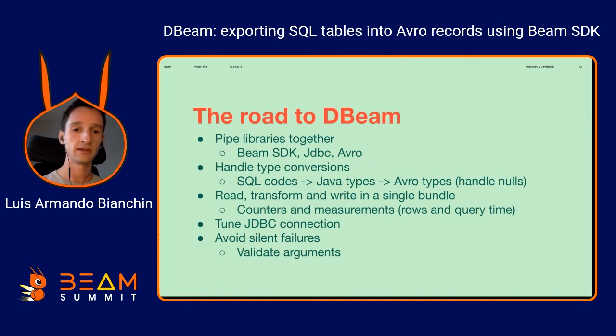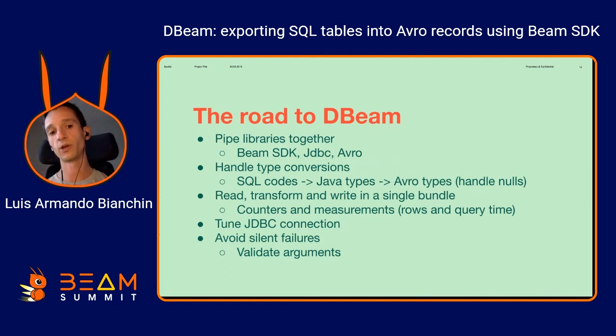At the end of the day, what Beam does is read, transform and write in a single loop in a single bundle, single DoFn. While it does that, it also counts and runs some measurements of how long it takes to run the query and to export.